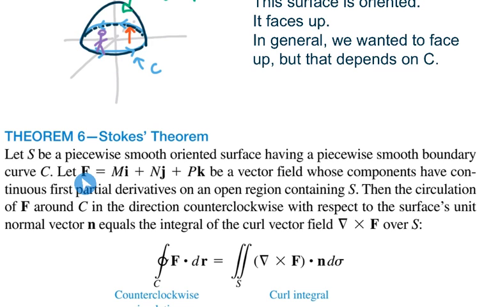Then we have the vector field with components, and those components have to have continuous first partial derivatives on that region S. Then the circulation of the vector field around the curve in the counterclockwise direction with respect to the surface's unit normal vector n is going to equal the integral of the curl of the vector field over S.